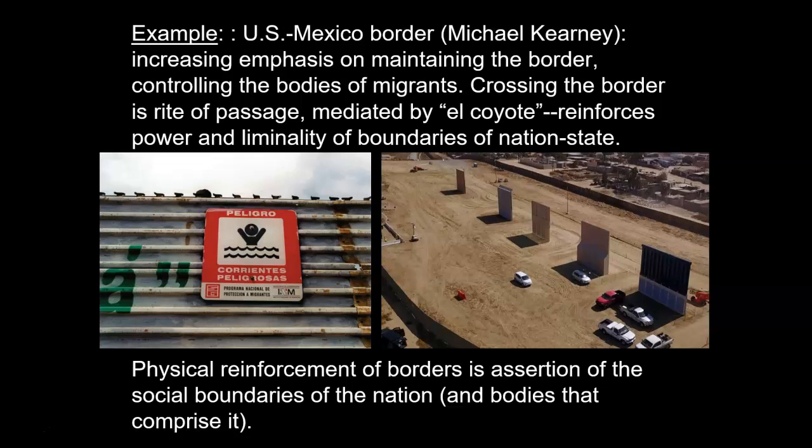So Kearney's work is from a couple of decades ago, but this is certainly an ongoingly important, relevant issue. So again, the notion here is that the ways that, for example, both policies and physical walls and the militarization of our southern border are about controlling bodies and the body politic.